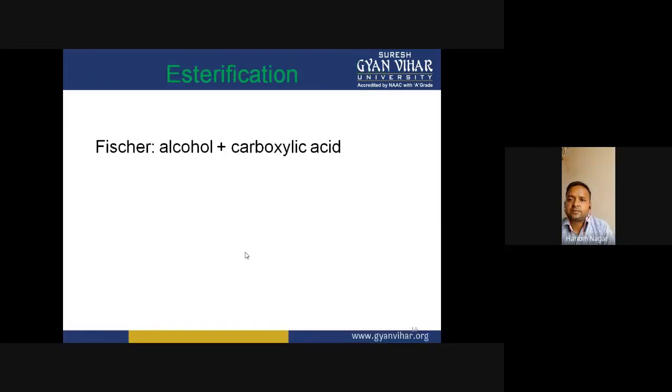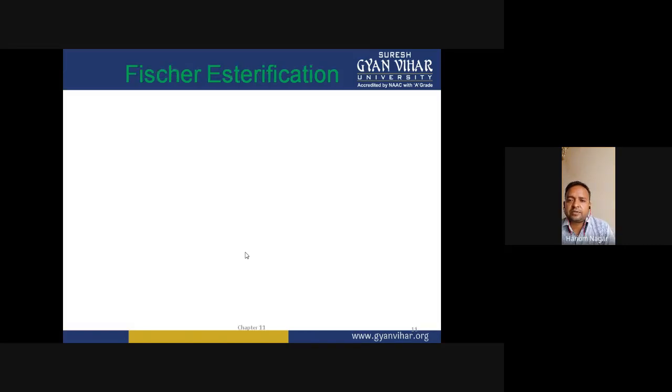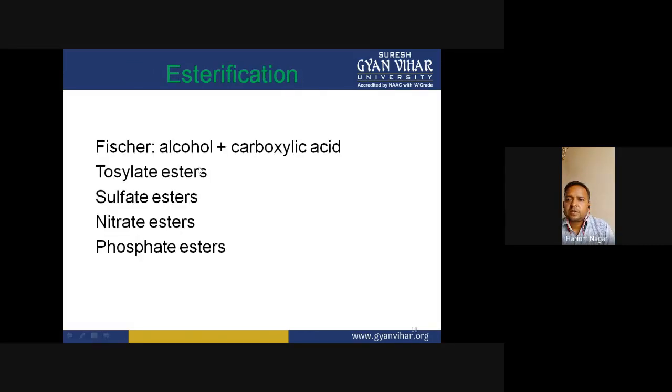Now the Fischer esterification reaction. Esterification reactions are of these types. First, the Fischer esterification, where alcohol reacts with carboxylic acid to produce carboxylate ester. Second, formation of tosylate ester by esterification.